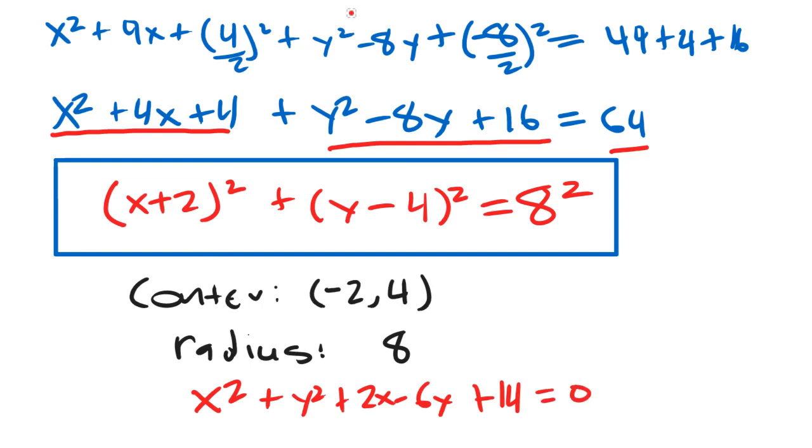Once you rewrite this, you'll figure out that the answer is actually no. This does not define the equation of a circle at all. You'll just say that the graph is non-existent. Okay.